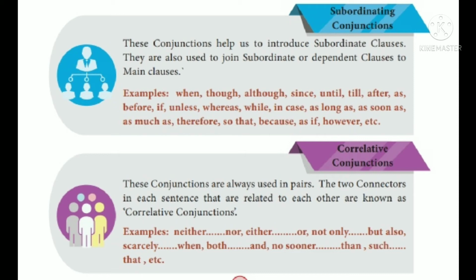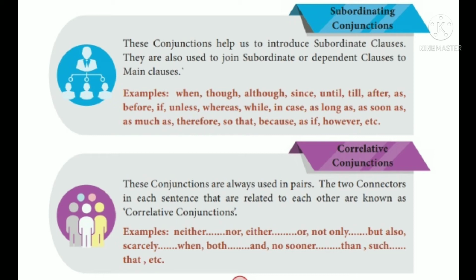Here are the examples for subordinating conjunctions: when, though, although, since, until, till, after, as, before, if, unless, whereas, while, in case, as long as, as soon as, as much as, therefore, so that, because, as if, however, etc. All these examples come under subordinating conjunctions.